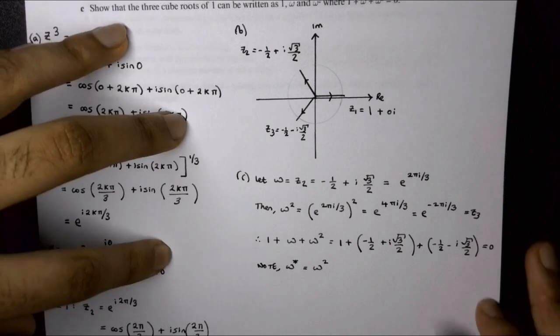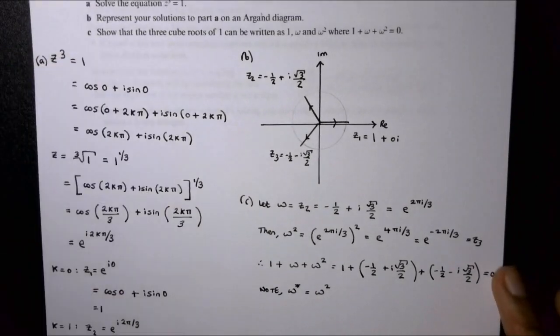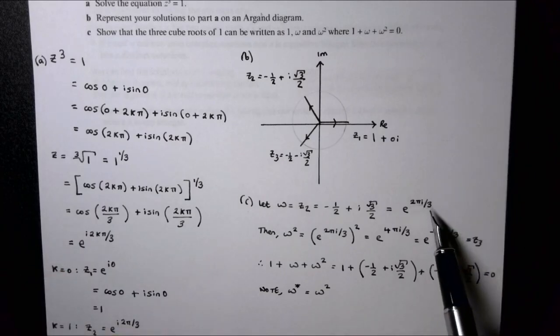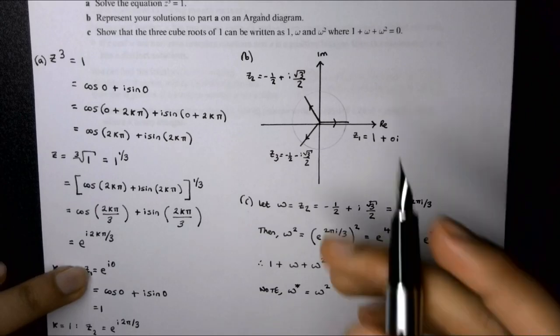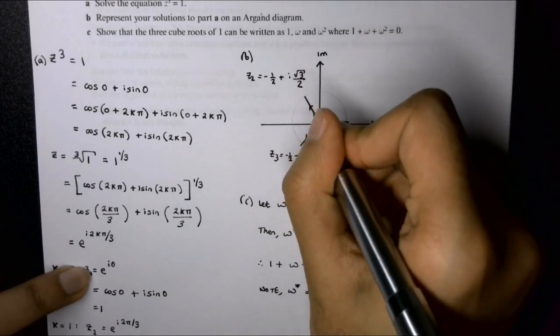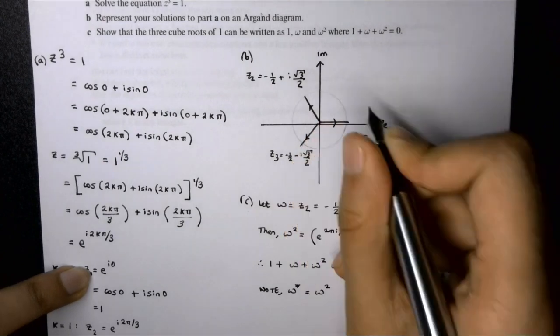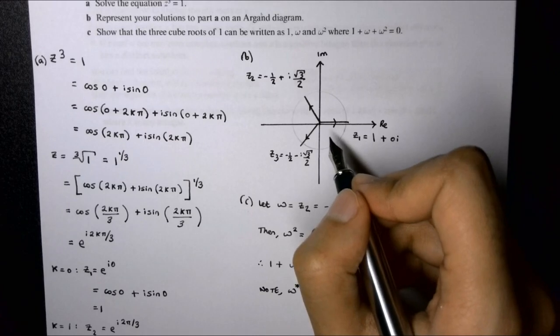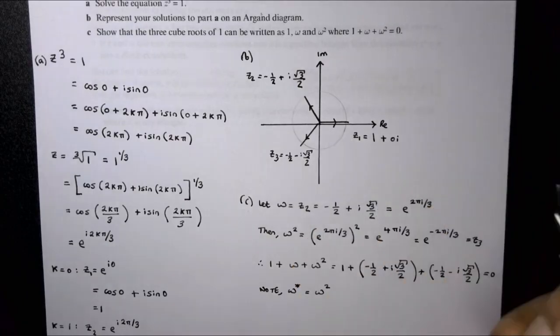Okay, now that's this question done. But if we take a further look at this 2 pi over 3, you can see over here the angle between each of these roots on the Argand diagram is 2 pi over 3. And that's quite an important result, and we'll meet more on that later.